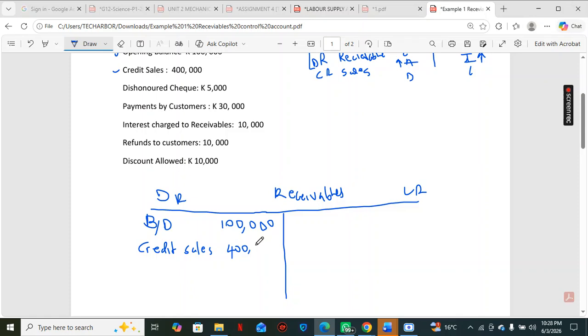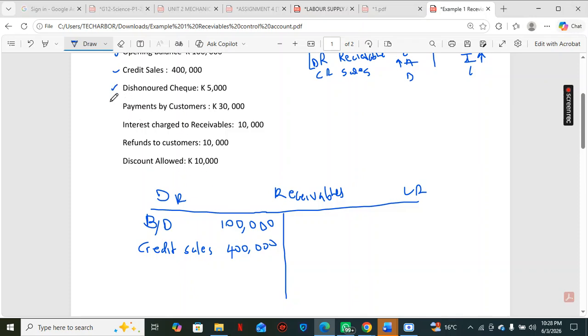Remember with the receivables control account, if the Nkongole increases, the money that's being owed to you increases, debit. If the Nkongole drops, the money that's being owed to you drops, credit.